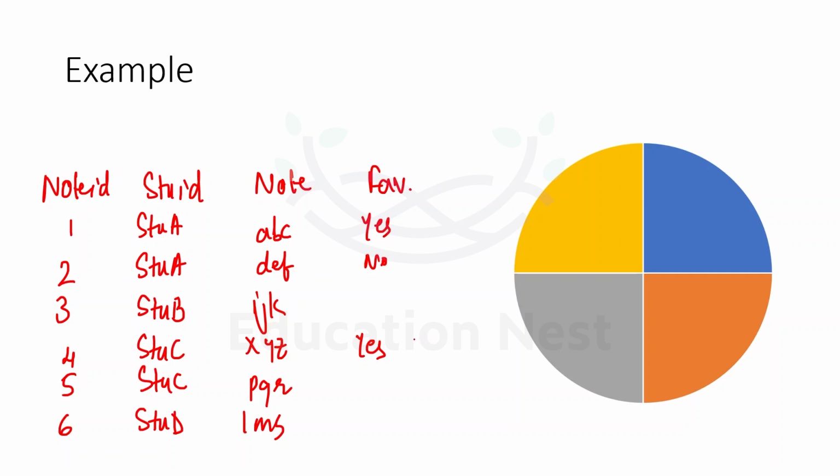Note ID generally will not be used for invoking the queries. What kind of queries can I have here? I can query what notes were created by student A or by student C, the count of notes created by student A, or how many favorite notes were created by student A. So I see that student ID is repeatedly used in my queries, so I would make this my partition key.